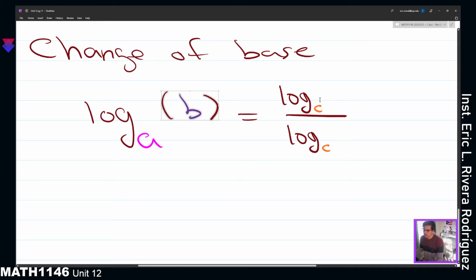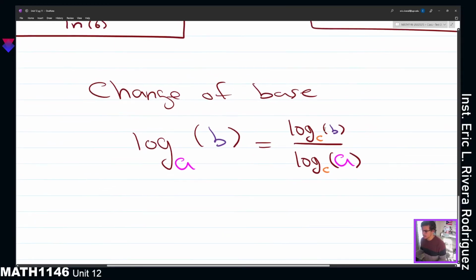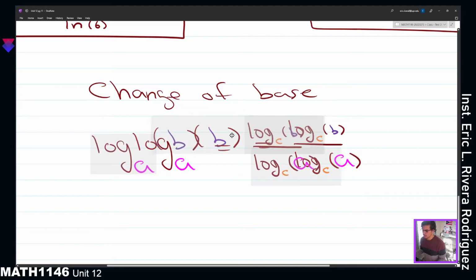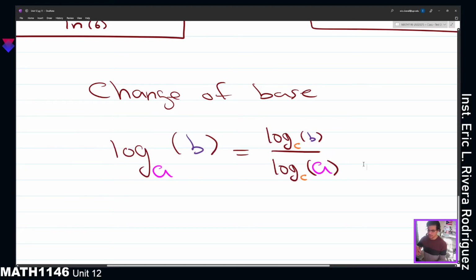So you will do log of the argument divided by log of the original base, both in that new base.